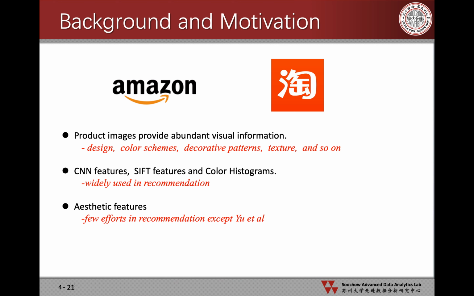However, few efforts have considered aesthetic preference for recommendation, except those that demonstrate that incorporating aesthetic features can improve recommendation performance. However, they do not consider aesthetic features for cross-domain recommendation.